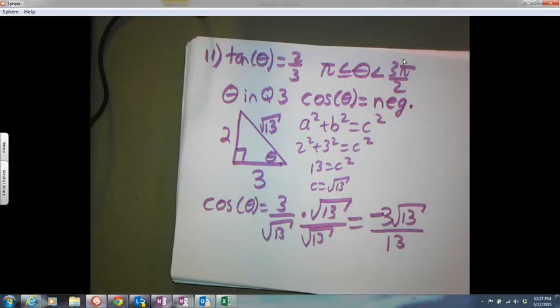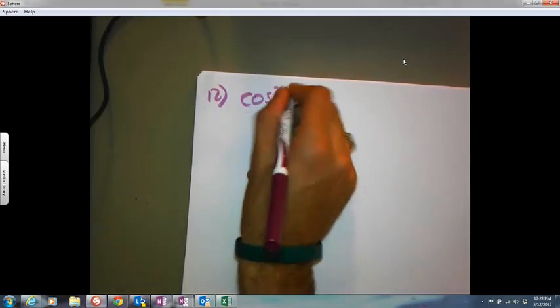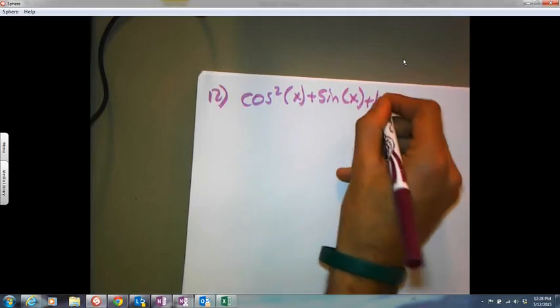Okay. Number 12 is G, like George. Cosine squared x plus sine of x plus 1 equals 0. We look at this, we have a problem.